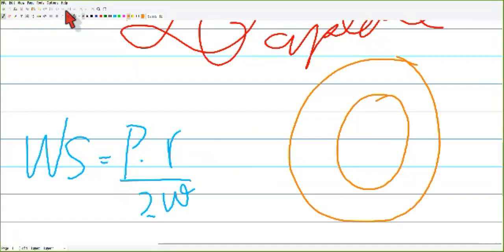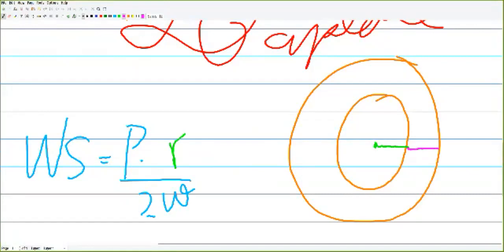So the radius is from the origin to this circle over here, okay? So that's radius. And the wall thickness is from here to here.